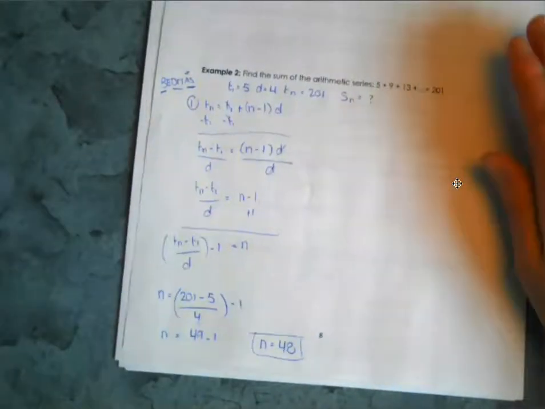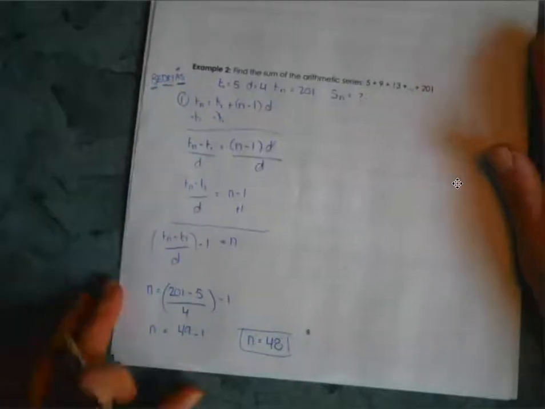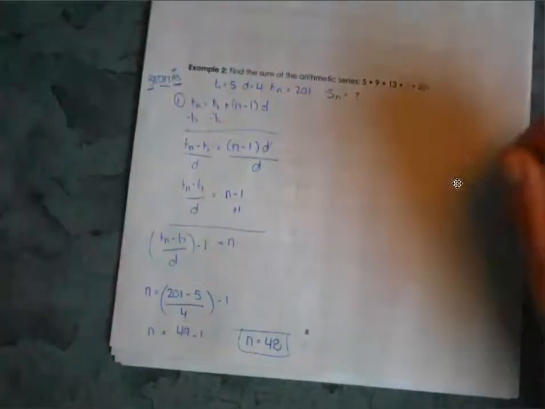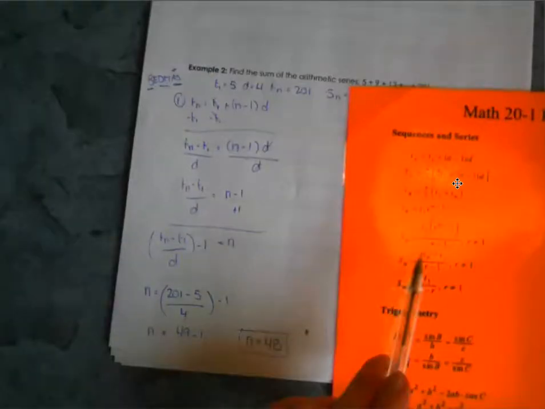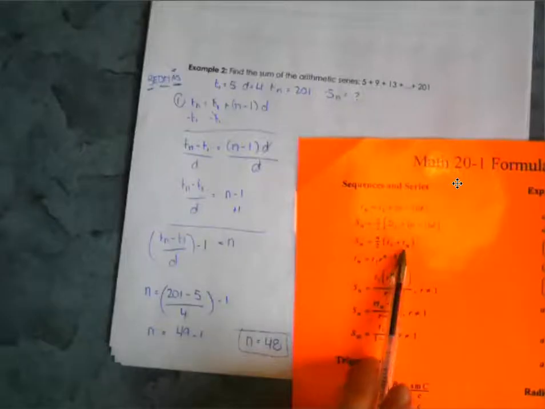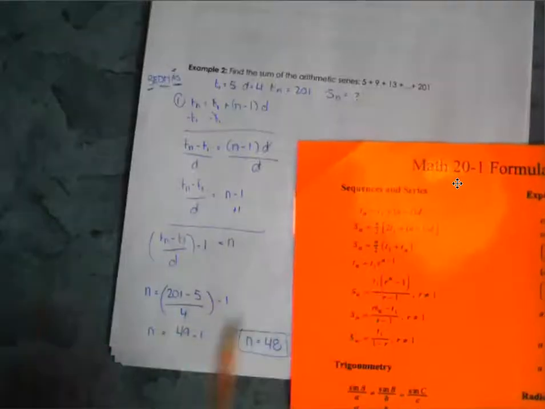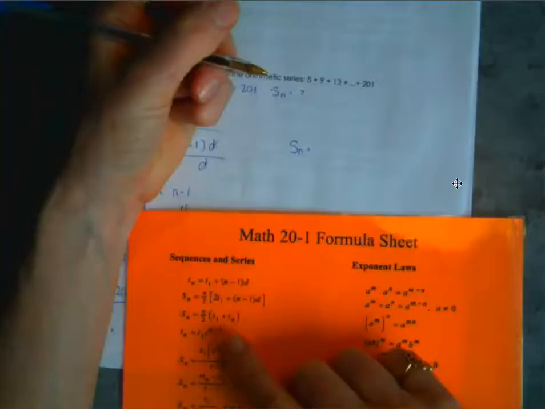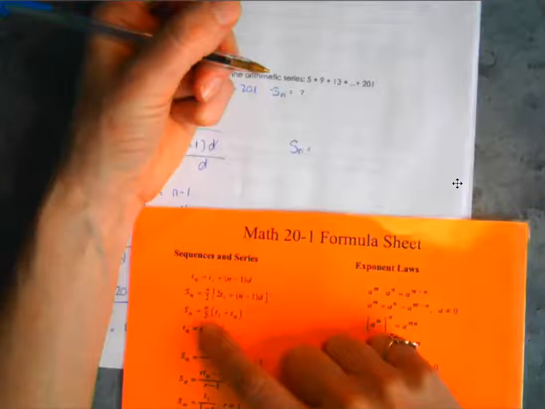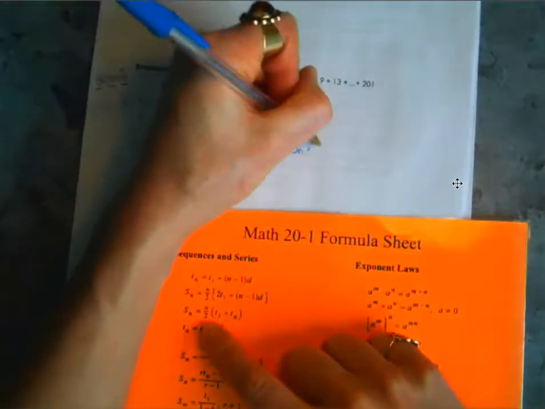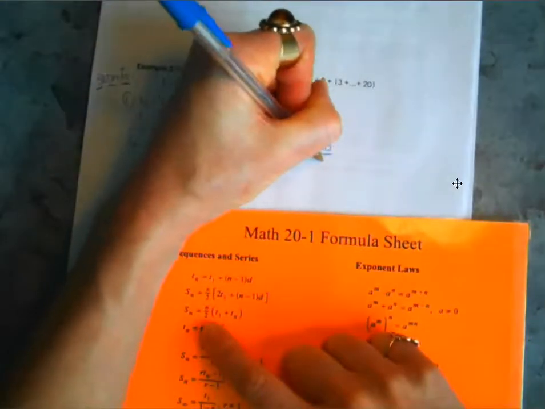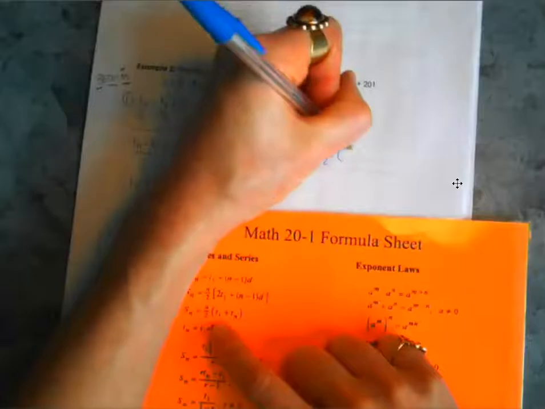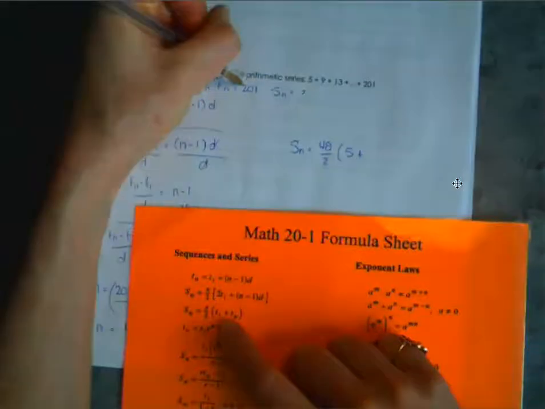Okay, now that seems like a lot of work, but we're actually not at the end yet, because remember what we're looking for is Sn. But now that we have n, and we have Tn and T1, we can use our simplest formula to solve. So now we can say Sn is equal to n over 2. So we said n was 48 divided by 2. And then in brackets T1, which was 5, plus Tn, which was 201.